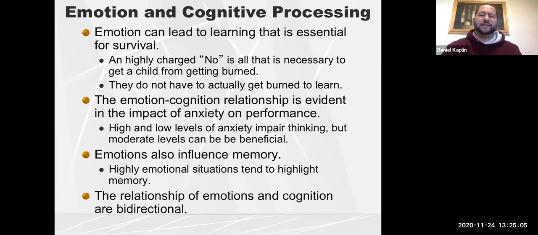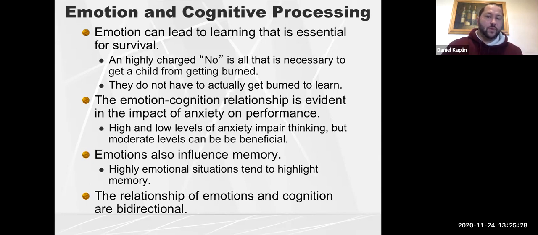So let's take the emotion of anxiety. Anxiety can be helpful at low and moderate levels, but when you have very high anxiety, it can be crippling. It could be incapacitating. It could affect your attention.